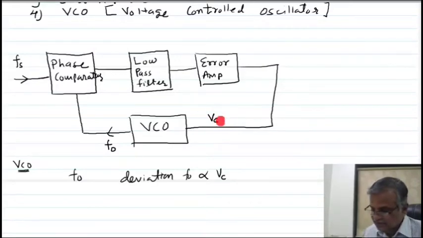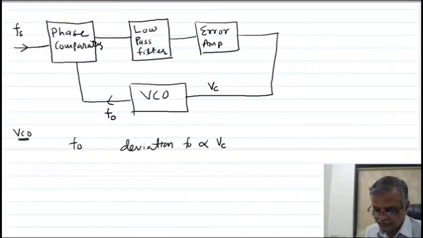As this voltage is changed, the frequency is changed. Hence, this is called voltage control oscillator. This is the information about the VCO.